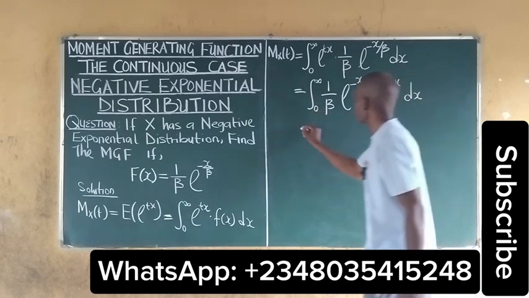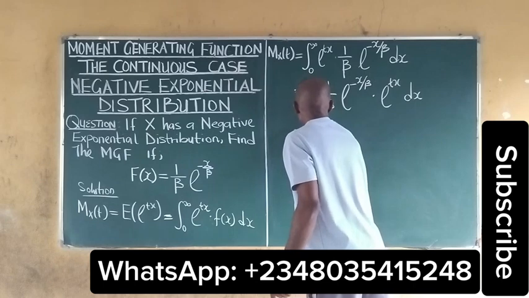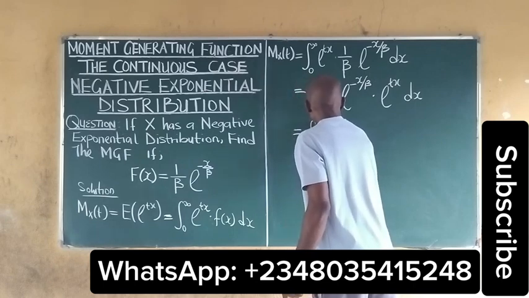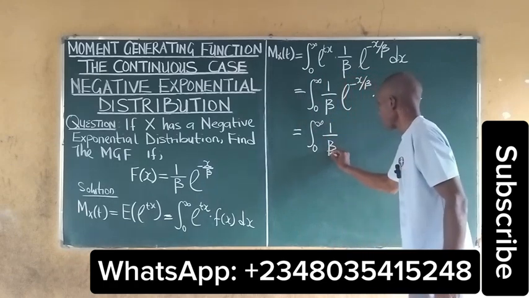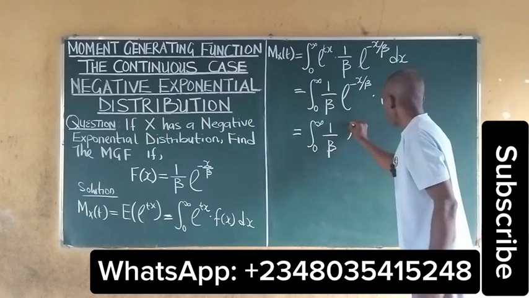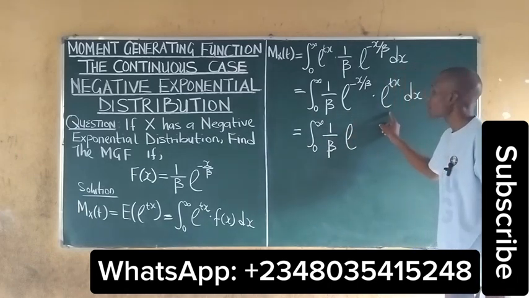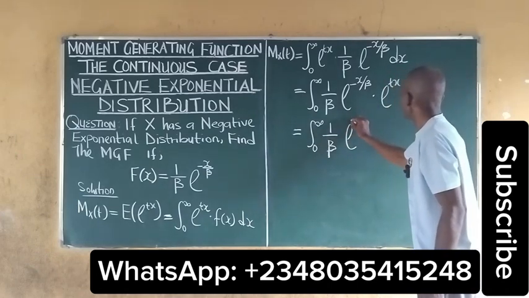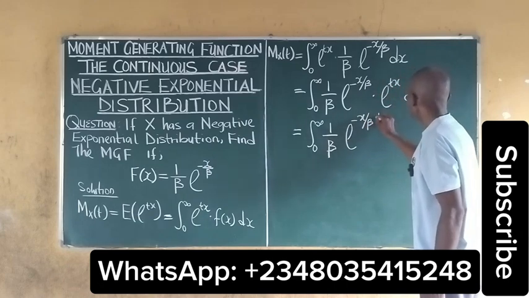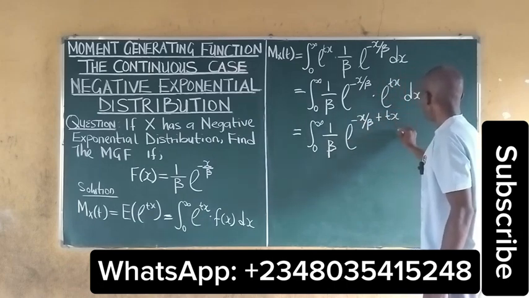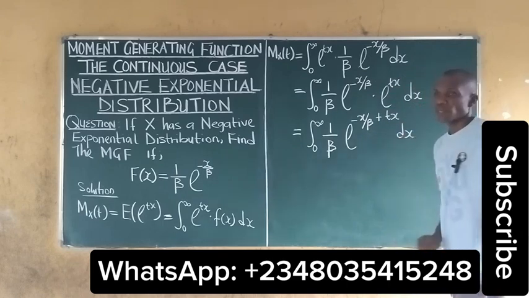The moment generating function is also equal to from 0 to infinity 1 all over beta exponential. If we put them together, we have negative x over beta plus tx dx. We are not done yet.